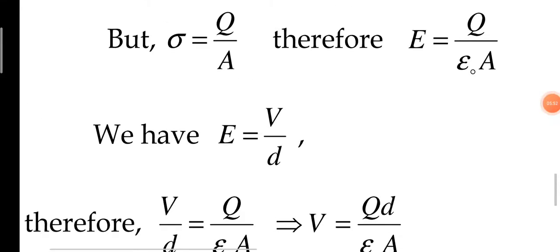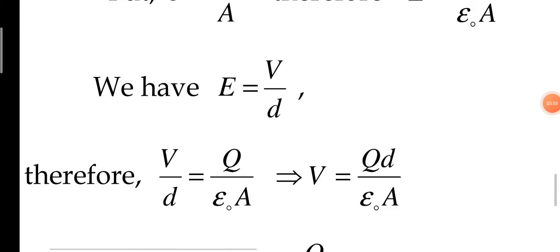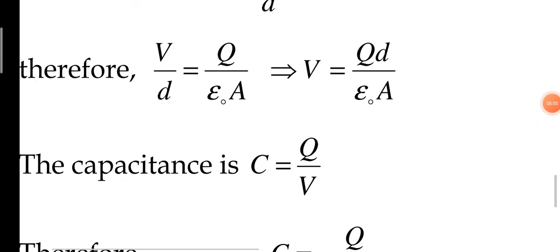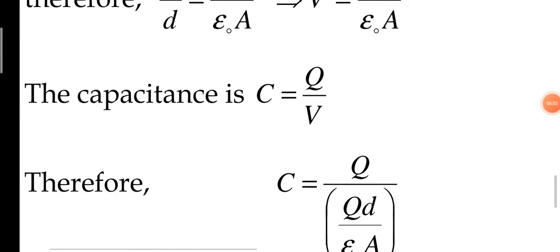Here E equals Q by epsilon naught A, and E equals V by d. If you equate both, you get V equal to Q d divided by epsilon naught A.